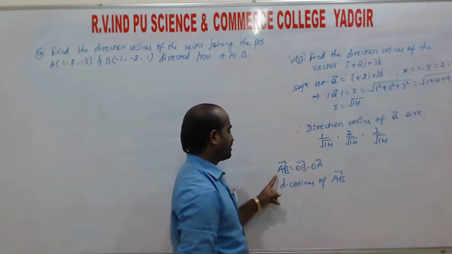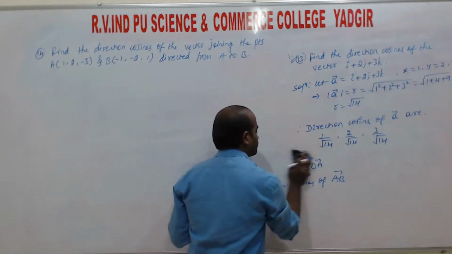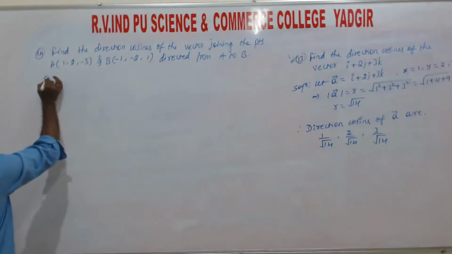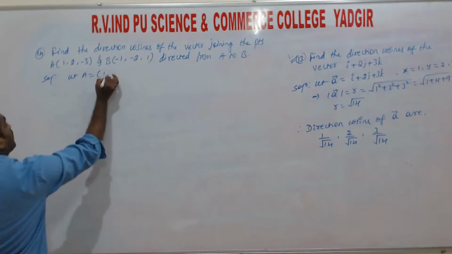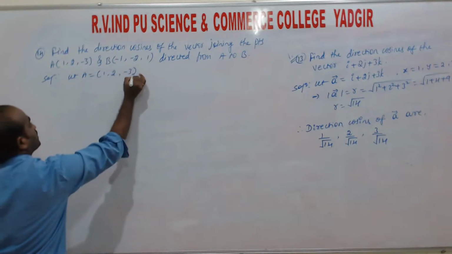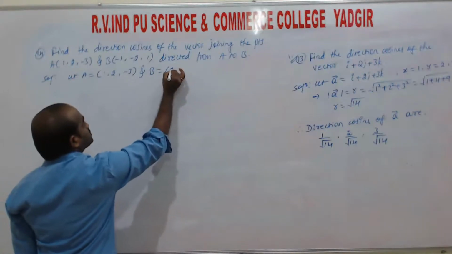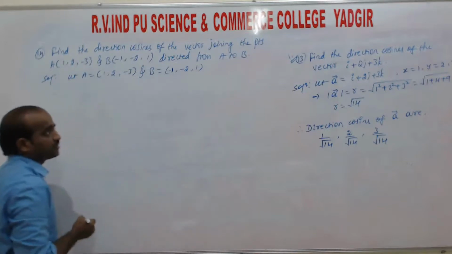First we have to find the vector joining the two points, AB, directed from A to B. Point A is (1, 2, minus 3) and point B is (minus 1, minus 2, 1).